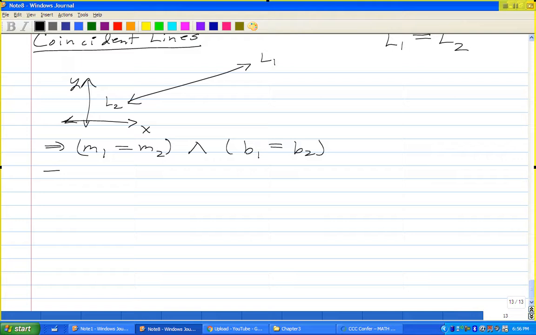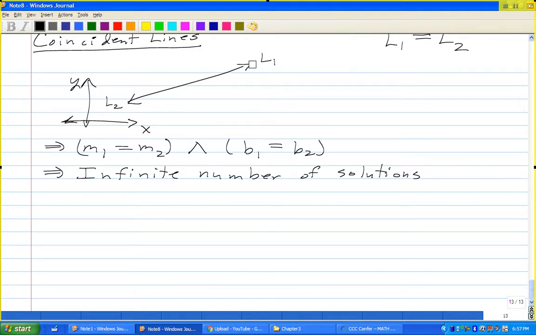So in this case, I have an infinite number of solutions. As you can see, every point on the line is going to intersect with the other line.